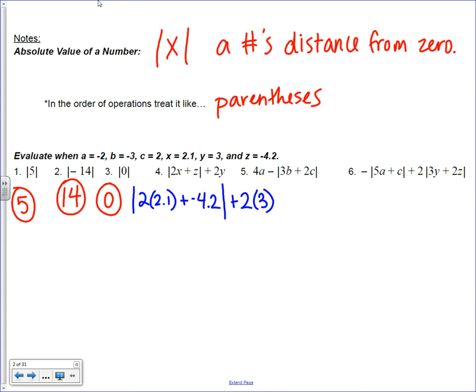How are we doing with that, folks? Look inside of those bars. Does everybody see this right here? Is that just a number or is there something to do? You got to do it, right? Pick up your calculator. What do you get when you do all of that? You said 8.4. You said what? Just this part right here? It's plus a negative 4.2.